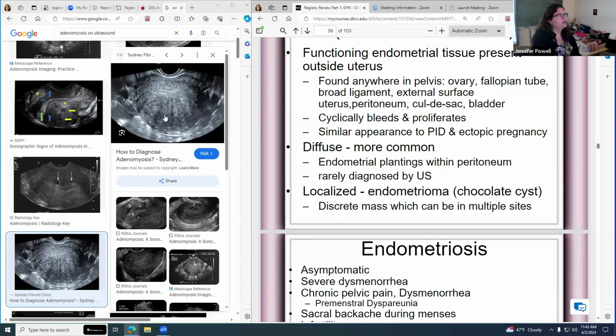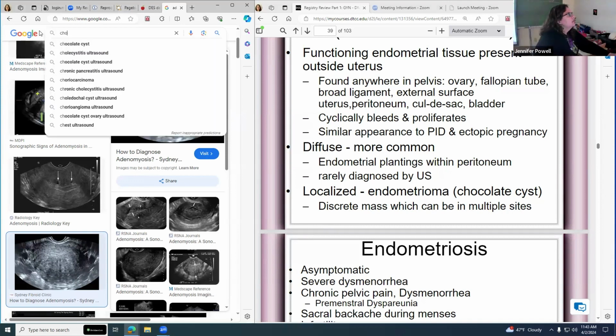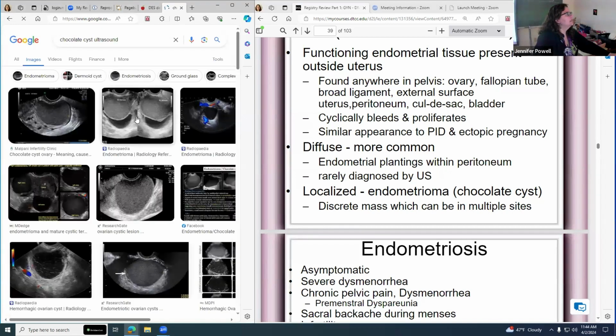It's smooth looking. They call it a chocolate cyst. Has anybody seen that? Like this? It's kind of a homogeneous, well circumscribed, low level echo lesion. Many times you'll see it on the ovary. It's a discrete mass, which can be in multiple sites.